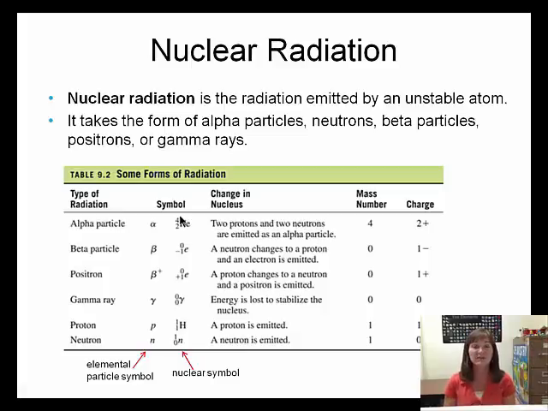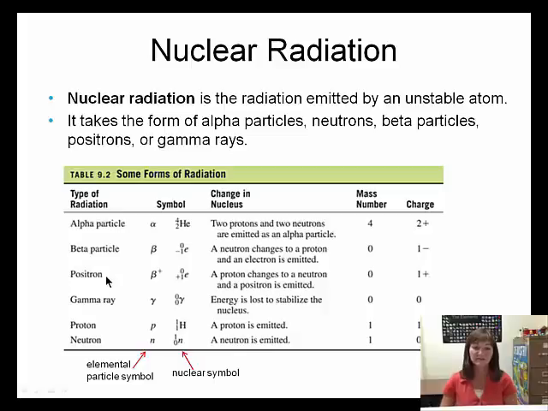So an alpha particle has 2 protons and 2 neutrons, so the mass number is 4, which is why we have a 4 in the upper left-hand corner. So this is the nuclear symbol for an alpha particle. Mass number is 4, and it has a charge of 2+. So it is a highly charged particle.